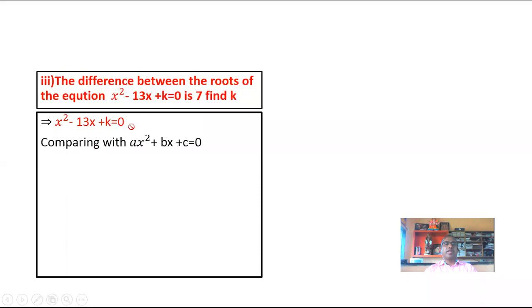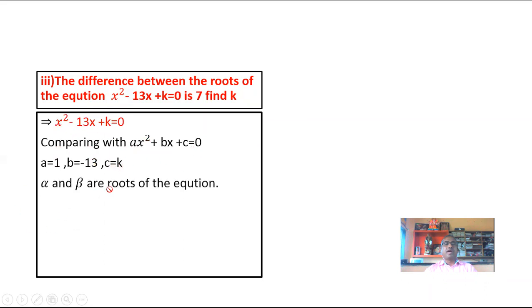This quadratic equation comparing with general form ax square plus bx plus c is equal to 0. Therefore, a is equal to 1, b is equal to minus 13 and c is equal to k.